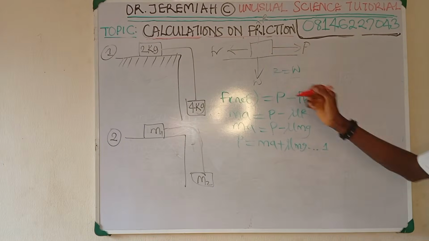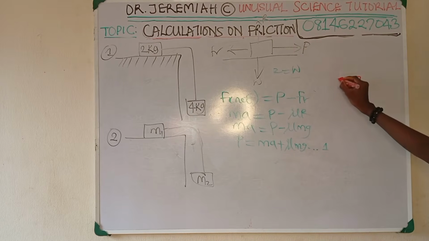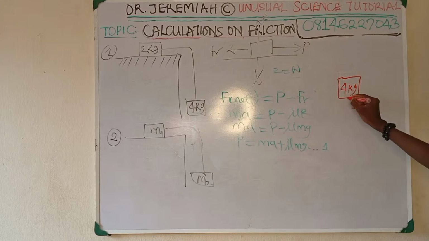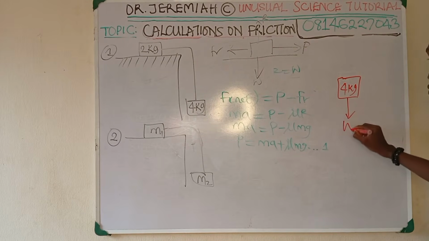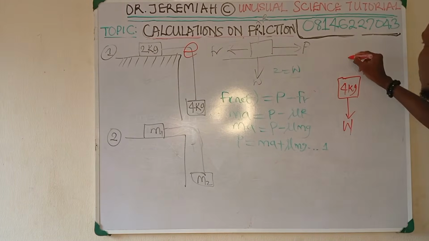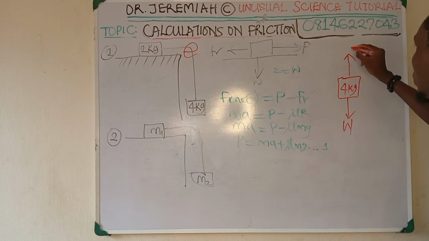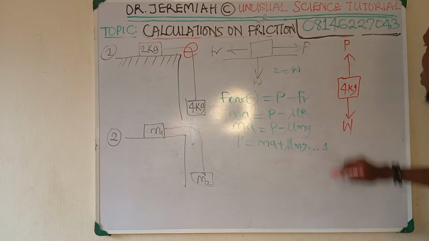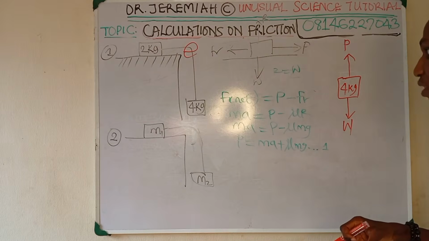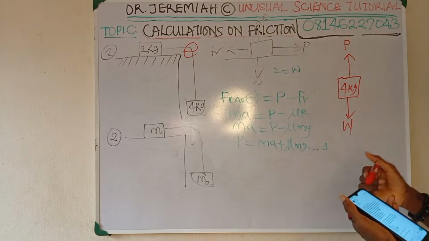So we want to resolve this other body. Let's say it is 4 kg, and its weight is going to be acting downwards. Then between these two strings, there's a tension, and we can also call it the pulling force. Let's align with the P. So I call it the pulling force acting on this body upwards.